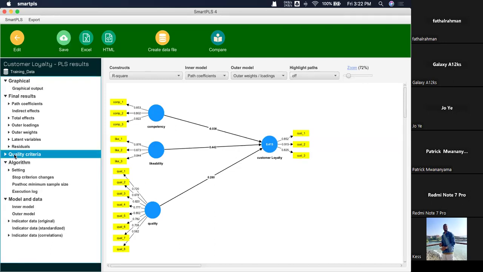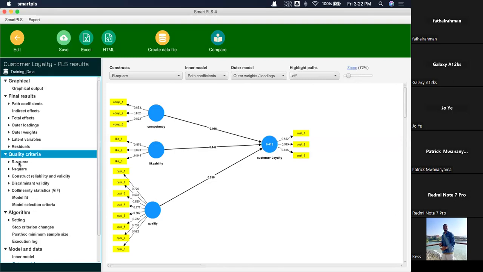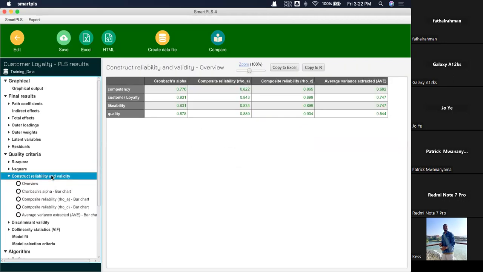If I click it again, you see R square, F square, construct reliability and validity. When you click on it, it opens up an output. And that output has what we call your Cronbach's alpha, composite reliability, RHOC. I'll explain the difference later. And then we have the average variance extracted. Now, the problem construct is quality.